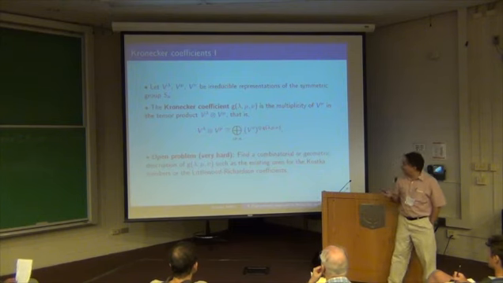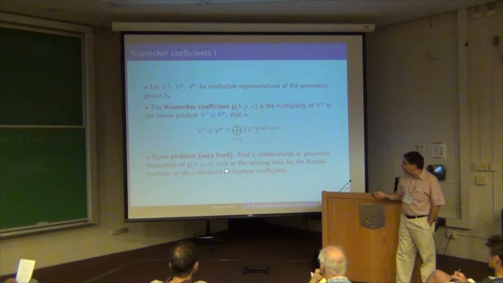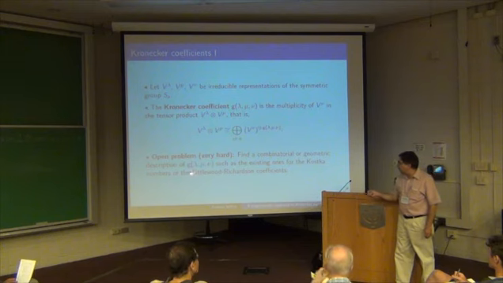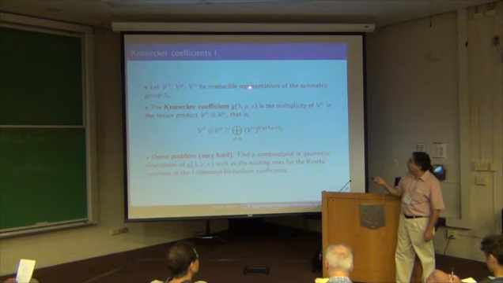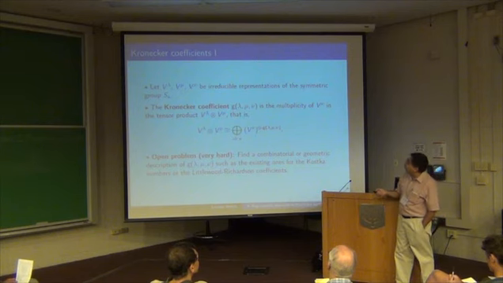It is an open problem, very hard, to find a combinatorial or geometric description of the Kronecker coefficients, such as the existing ones, for example, for Kostka numbers or Littlewood-Richardson coefficients. In fact, these numbers are much harder than Littlewood-Richardson coefficients.